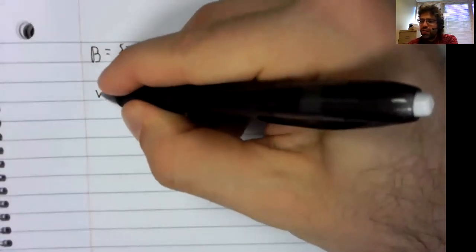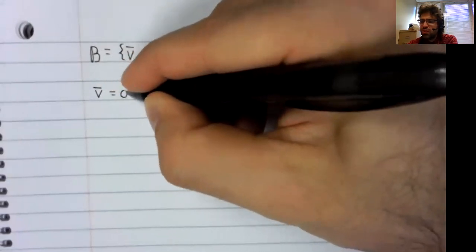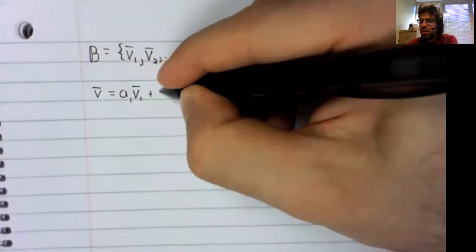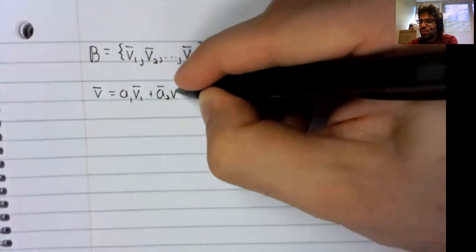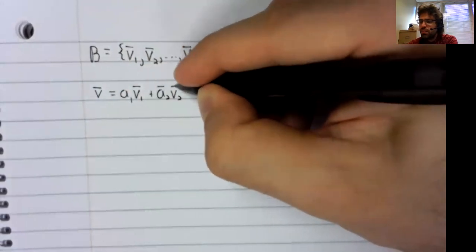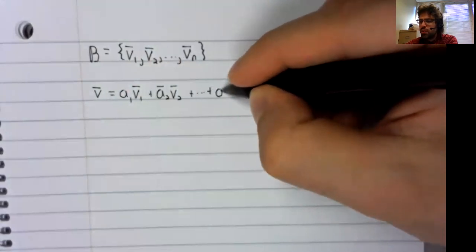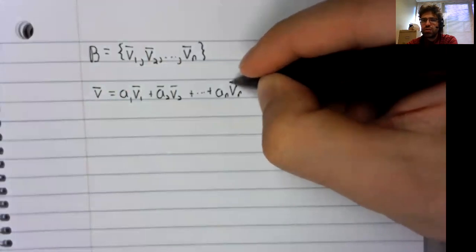Then any vector in the vector space can be uniquely written in terms of these basis vectors.